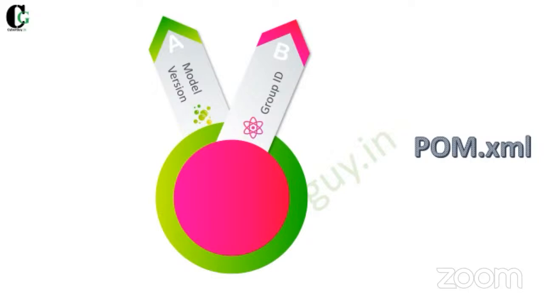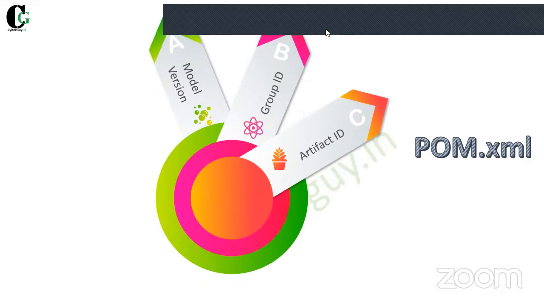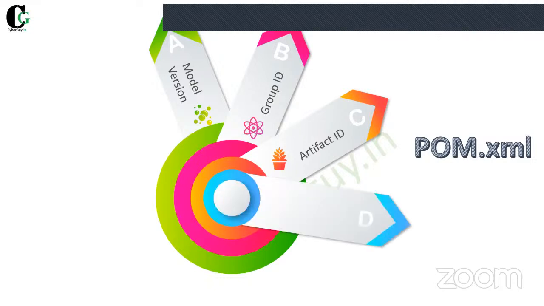And the next thing in the sample file is the artifact ID. Artifact ID also exists in this POM file. You can easily find several sample files on Google, just for example. The next one is the version.